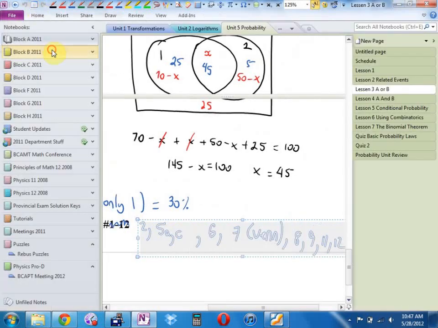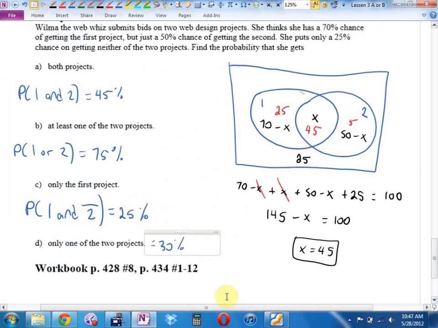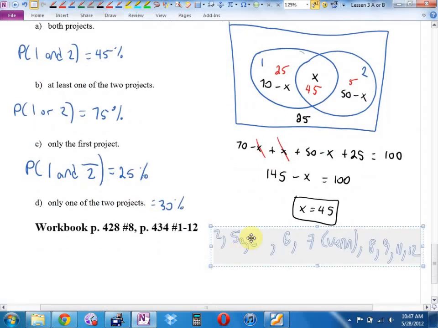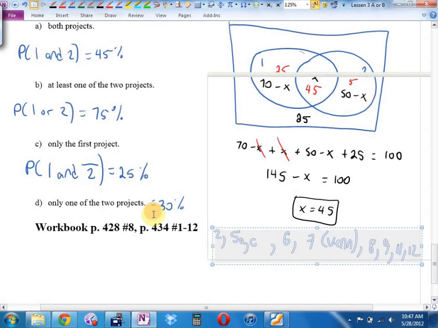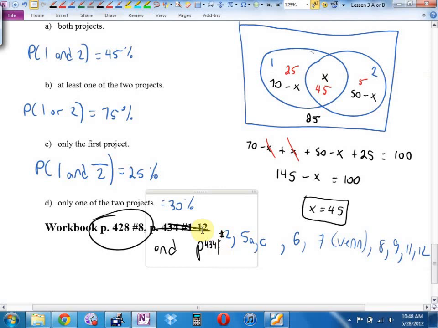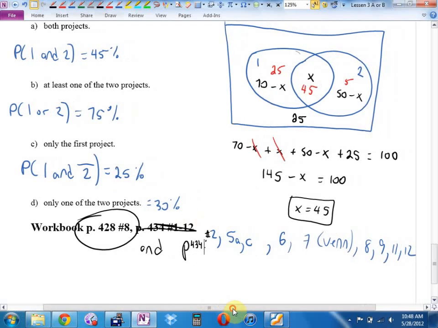Go to your page and I'll add it there. Two, 5A and C, 6, 7 using the Venn, 8, 9, 11, and 12.